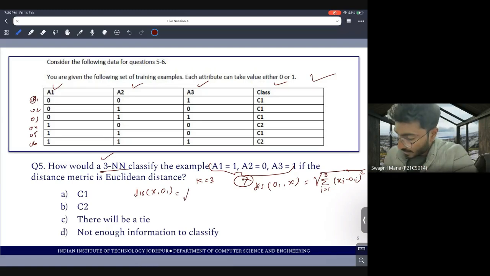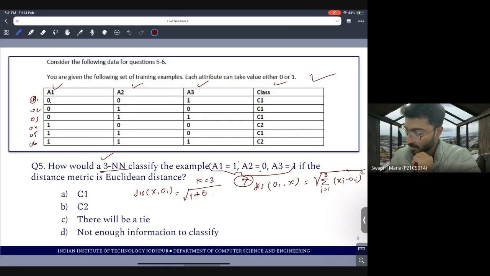So 1 minus 0, 1, 1 squared is 1, plus the summation, 0 minus 0, 0, 0 squared is 0, 1 minus 1, 0, 0 squared is 0, so we get 1. Square root of 1 is 1.